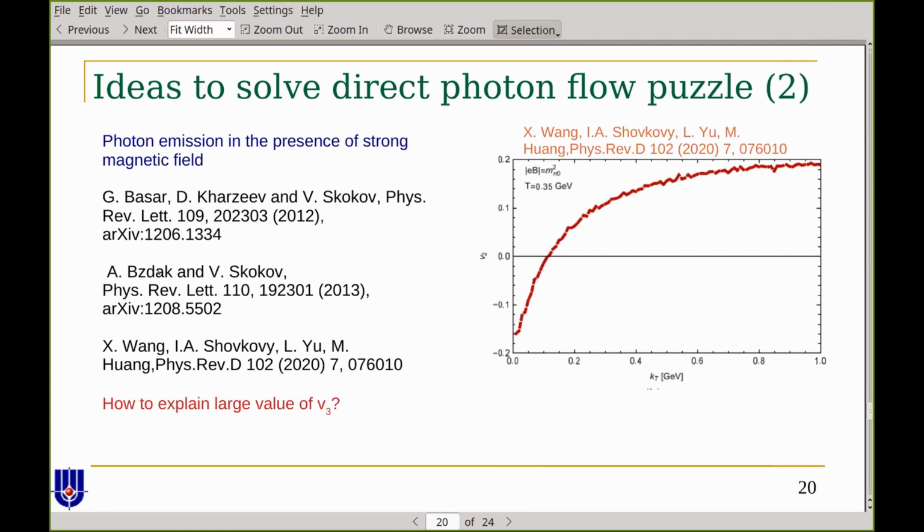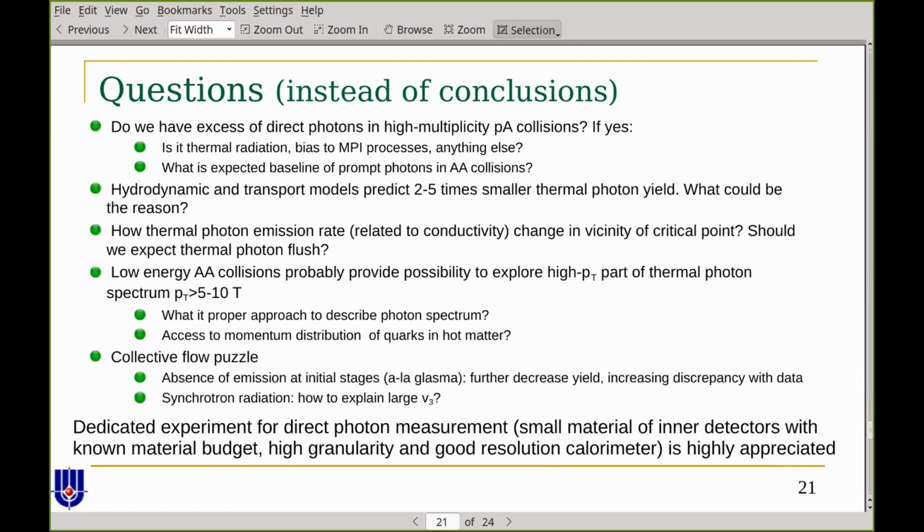But still, all these approaches have the drawback that they cannot explain large values of triangular flow, which was also observed. It is not clear how to explain that direct photon triangular flow is more or less the same as triangular flow of final hadrons. Okay, that's it.